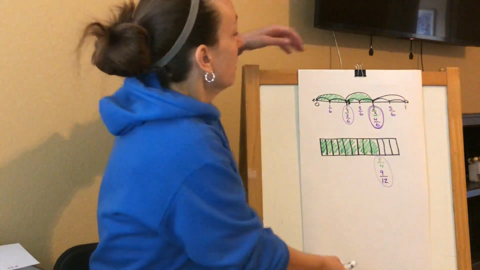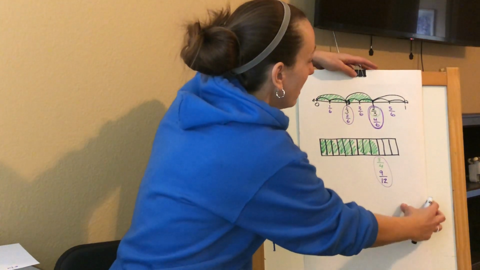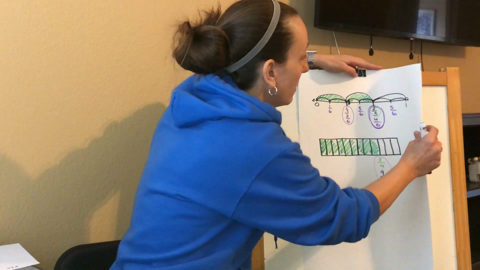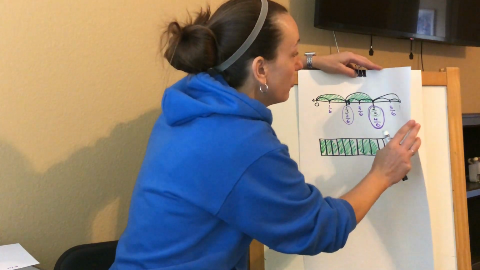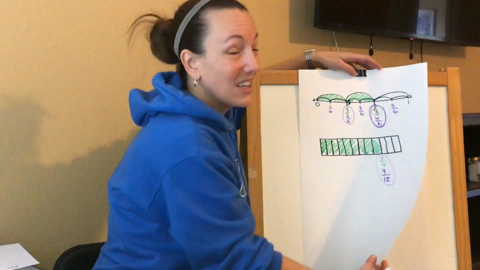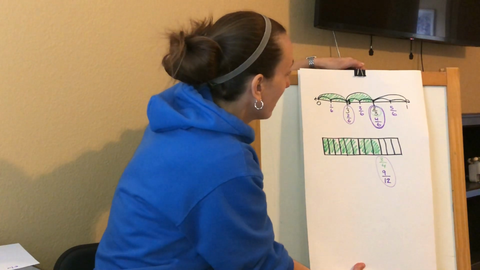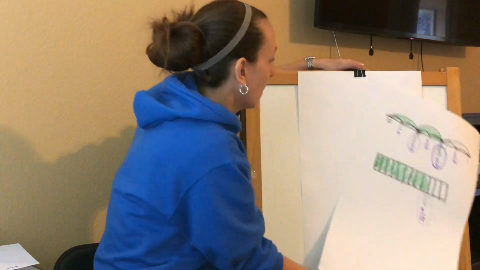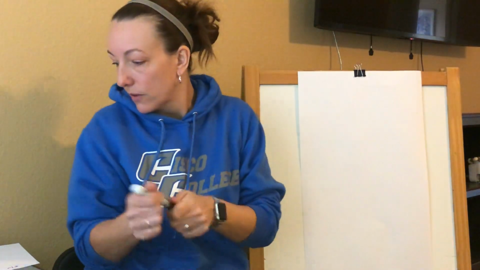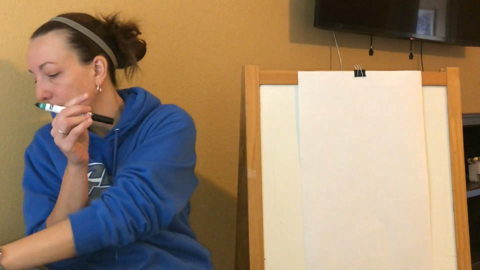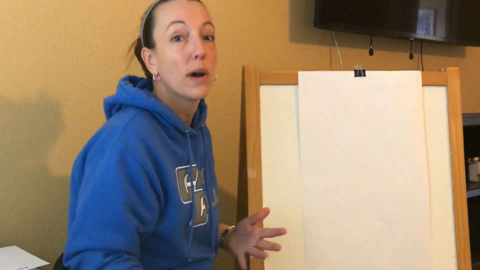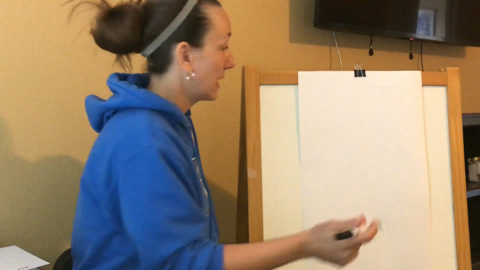All right, so now I'm going to show you how to take two fractions, and you have to decide or prove that they are or aren't equivalent, okay? So if I've got 2/8 and 1/4, and I want to see if they're equivalent or not.